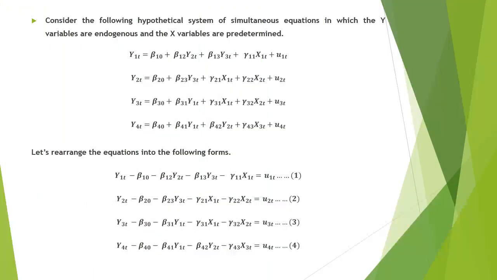As an illustration of the rank condition of identification, consider the following hypothetical system of simultaneous equations in which the y variables are endogenous variables and the x variables are predetermined variables. You can see four equations here. We can rearrange these four equations as given below. Now, after rearranging, we can represent the coefficients of these equations in a separate table.